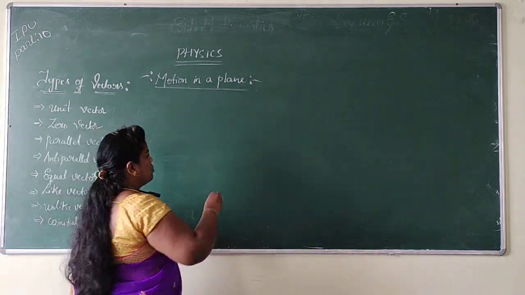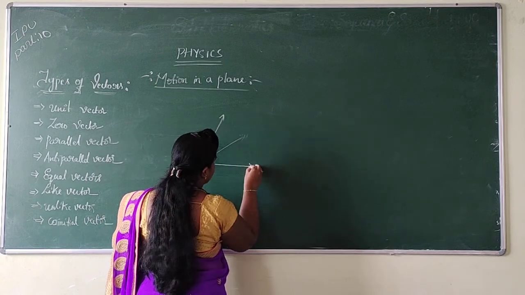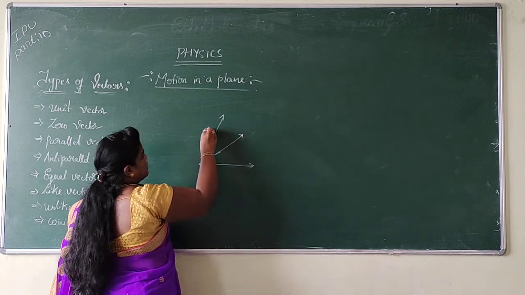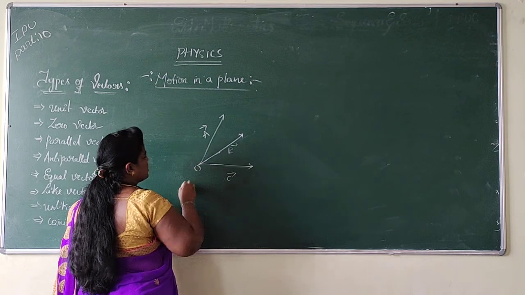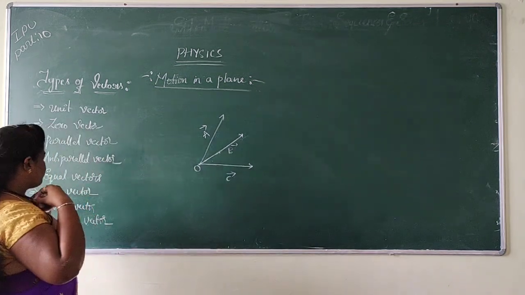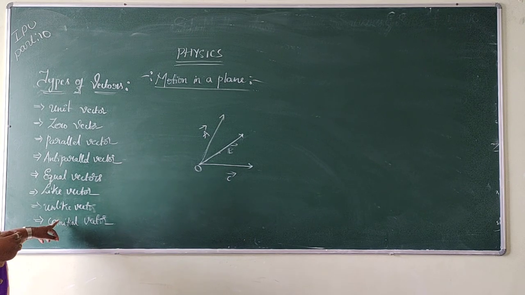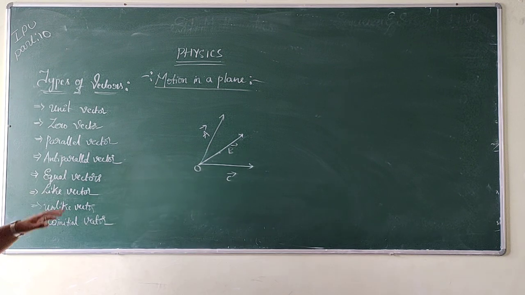Suppose two or more vectors are originating from the same point. Let us say this is vector A, this is vector B, and this is vector C, and this is O. If two or more vectors have the same initial point, those kinds of vectors are called co-initial vectors.